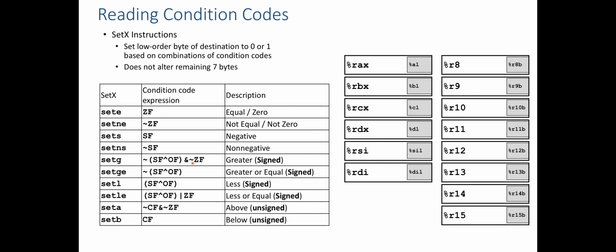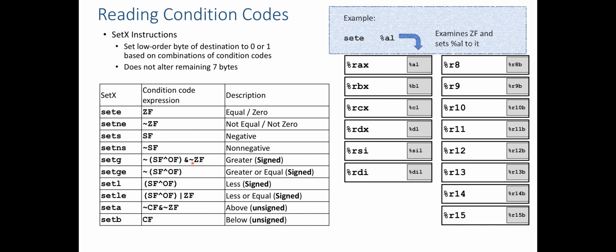And the easiest way to understand this is to start seeing an example. So here's an example, set E. And you notice here is the lowest order byte of this register is called AL. So what it's going to do is set E is going to look at the 0 flag. So you have to use set in conjunction with compare, sometimes in conjunction with test, but most of the time we'll see it in conjunction with compare.